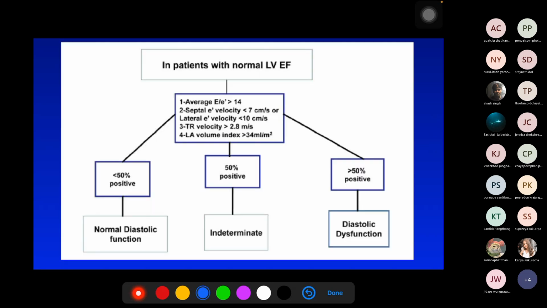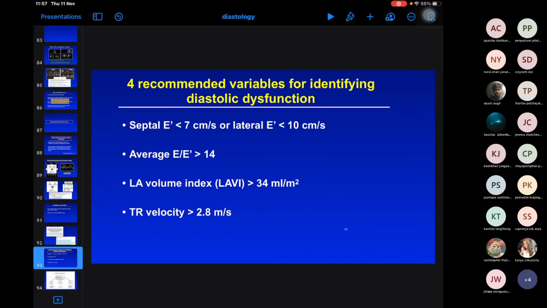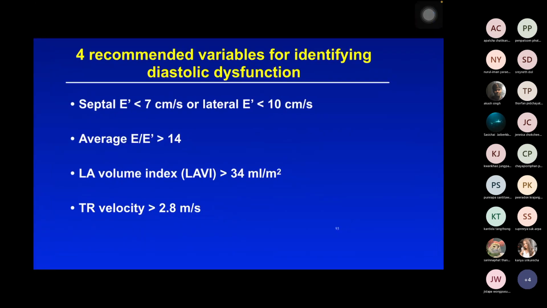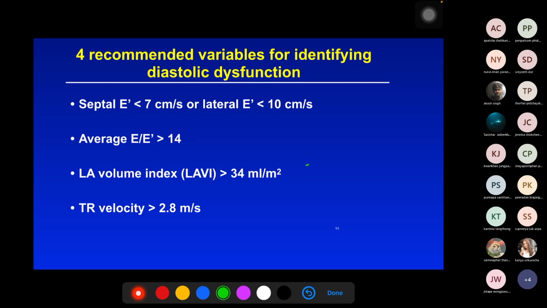Remember again, the LA volume index abnormal number starts from 34. 35 to 41 is mildly increased, 42 to 48 is moderately increased, and over 48 is severely dilated. For the TR velocity, you get the TR jet and use CW Doppler to get the maximal velocity of the TR.